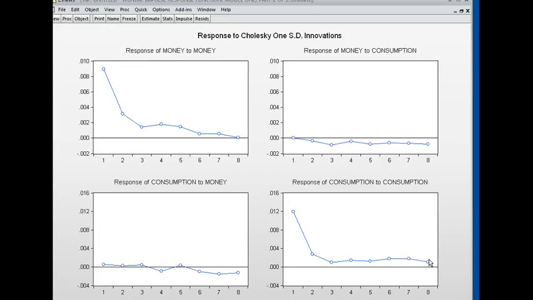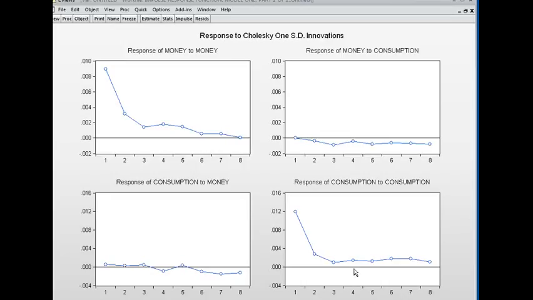It becomes steady until 8 periods. But it has not been negative at any time. It is always positive, because this blue line is above the zero line.